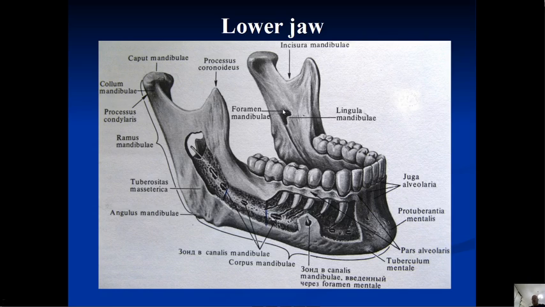It's the mandibular canal through which the nerve and blood vessels enter the body of mandible. And here we can see this mandibular canal, and here is the mental foramen, which we use for local anesthesia.